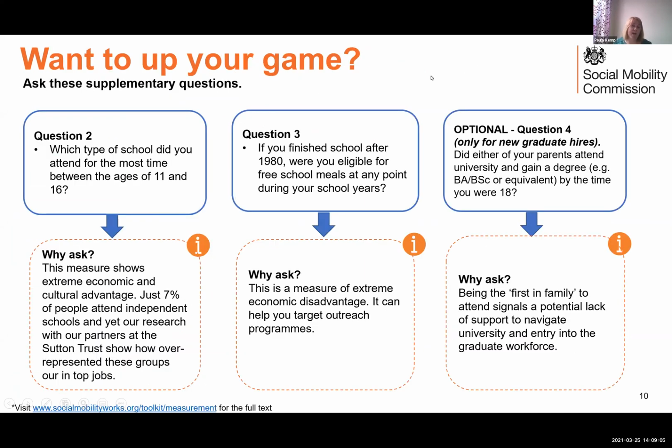If you want to up your game, we would say don't lose sight of the other questions that were traditionally asked. It can really help influence and dig deeper into the data that you're getting. So as you can see on the screen there are those questions about types of school, were you eligible for free school meals, and if your parents were graduates.